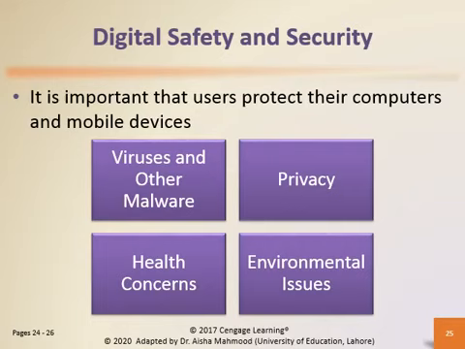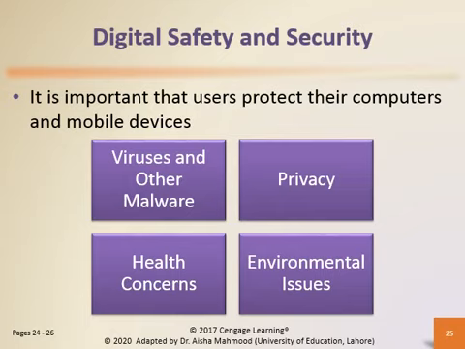Next, we'll discuss privacy. Nearly every life event is stored in a computer somewhere, for example, in medical records, credit reports, and tax records. In many instances where personal and confidential records were not protected properly, individuals have found their privacy violated and identities stolen.